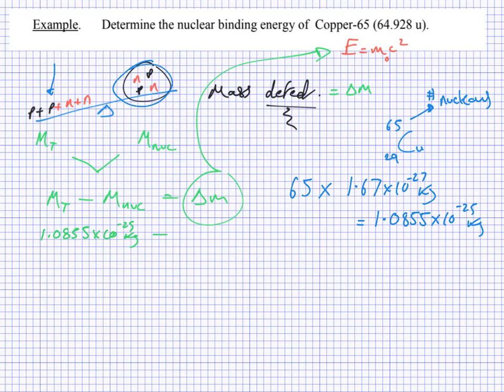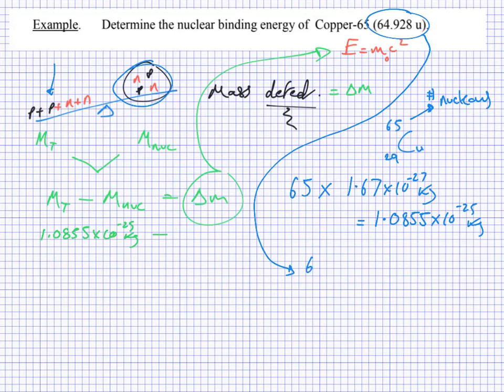Okay, and then I'm going to subtract the mass of the nucleus. And the mass of the nucleus is going to come from our U value, our atomic mass unit. So that's going to come down to here. So this is the atomic mass unit, the AMU.